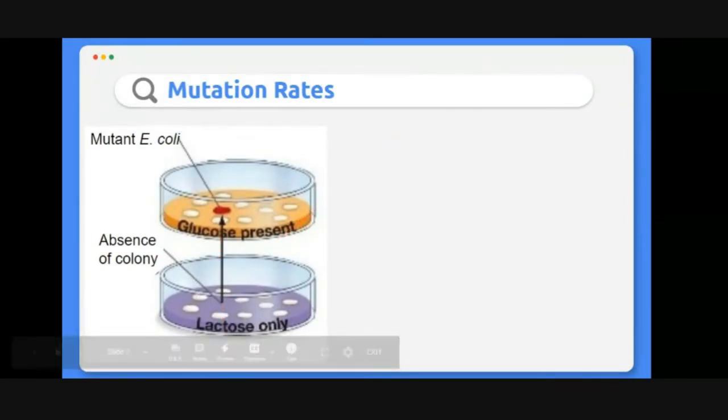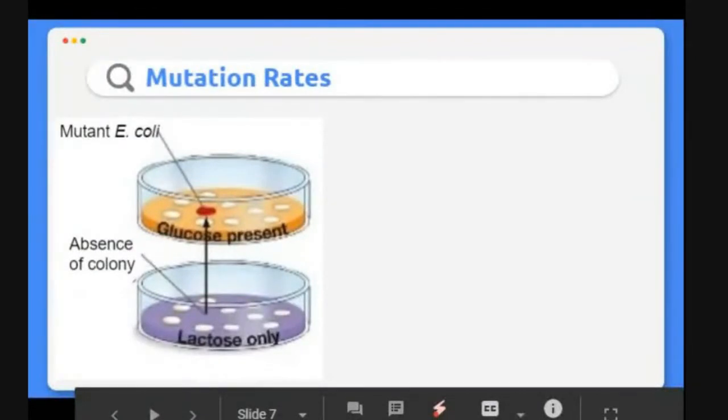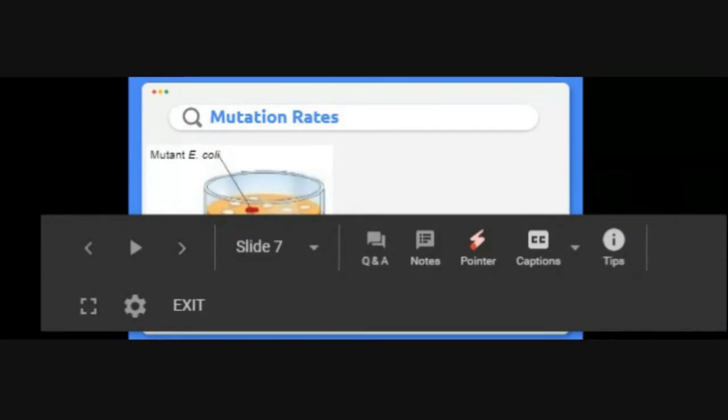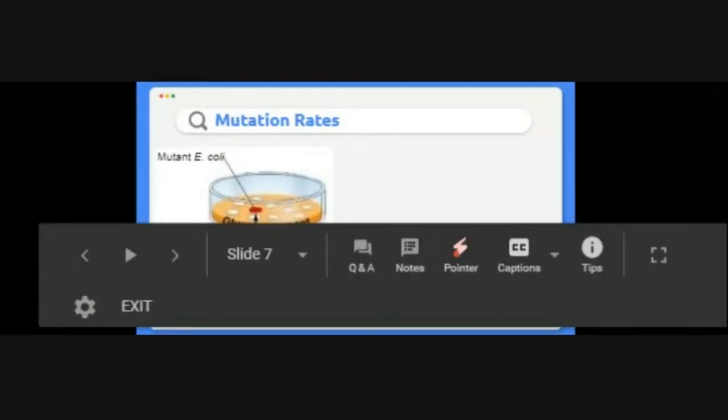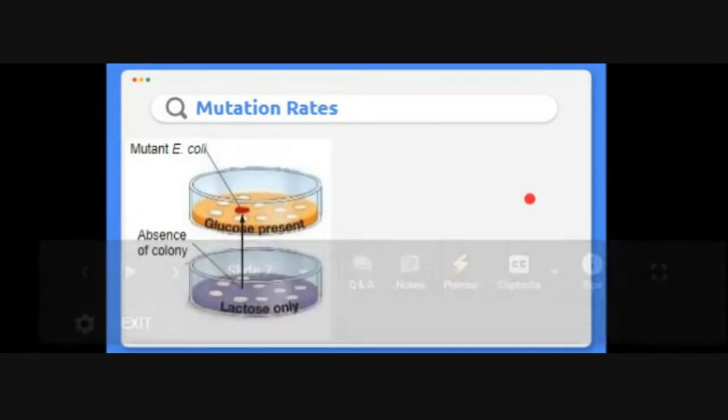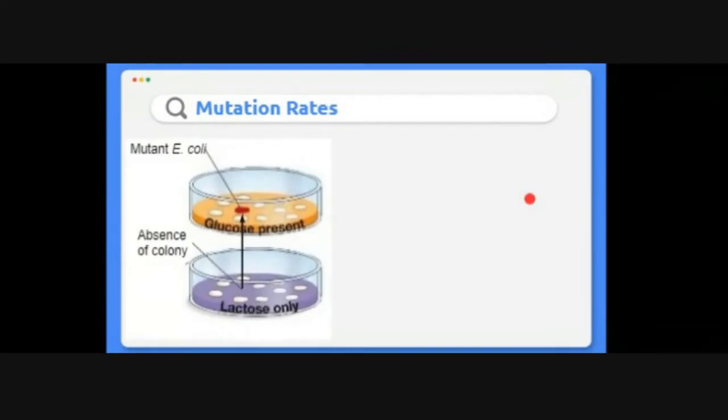Again, because nagkaroon ng mutation sa gene to metabolize lactose. So, nung nilagay mo na siya doon sa plate na meron lang na lactose, nawala na siya ng ability to metabolize lactose. Okay? So, yun yung mutation. Nagkaroon siya ng mutation na hindi kaaya-aya. So, some portion of the population, nagkaroon siya ng mutation.